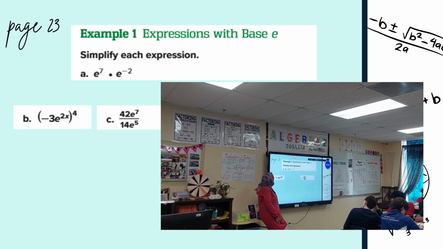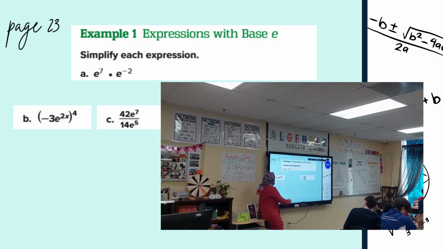Okay? What about B? How do we simplify this? There is the power of 4, and inside, -3 e to the 2x. We are going to distribute what? 4 to what? -3 to the 4th power, and the next is e to the 2x to the 4th.